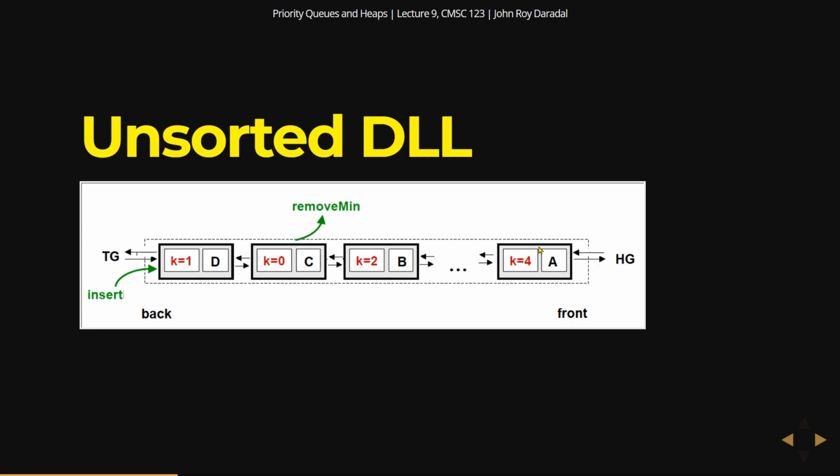So you start at the front, that is the current min, and then next is 2, so you update the current min as 2, and then you go to 0, current min is 0, and then at 1 it's still 0, and then you reach the tail guard. So the min entry is the one here with key 0. Okay, so it entails a linear search from the head guard all the way to the tail guard. Okay, so that is unsorted DLL.